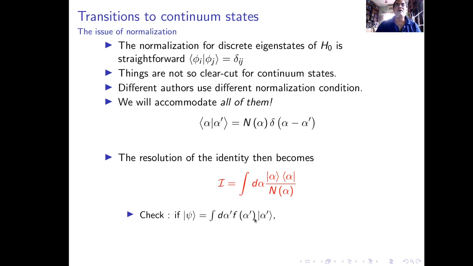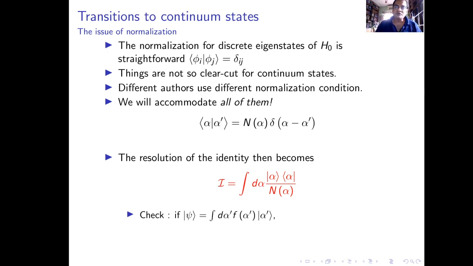These are of course the c_n's before for the discrete case, or the a_n's, the coefficients in front of the phi_n's. It has now become a function of alpha prime. So instead of a sum over discrete energy eigenstates, you are doing an integration over the continuum. So this much is fine.